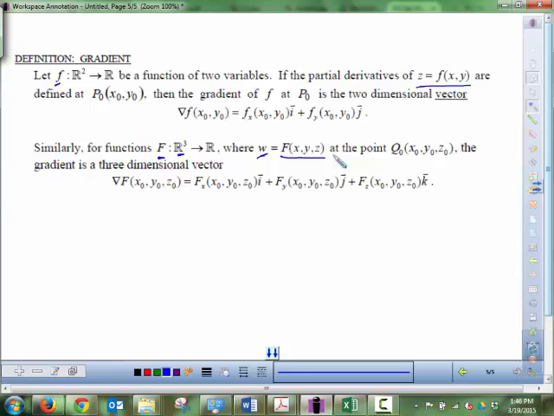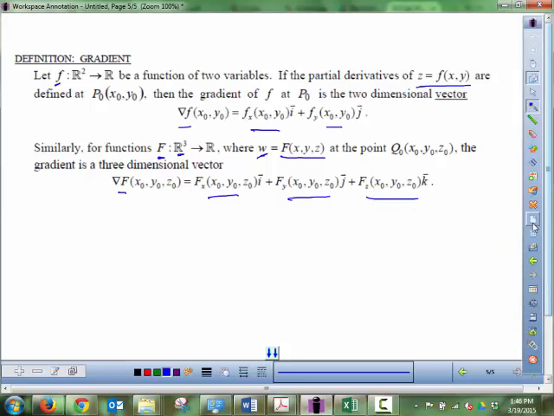That's just a convention for this sheet. The gradient of little f is a two-dimensional vector, and I wrote it with i's and j's. The gradient for capital F is a three-dimensional vector, and both of these are evaluated at their corresponding x naught, y naught, or x naught, y naught, z naught points. So that's the definition of the gradient.